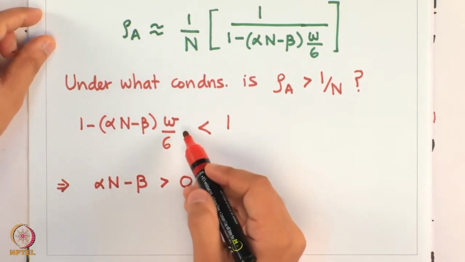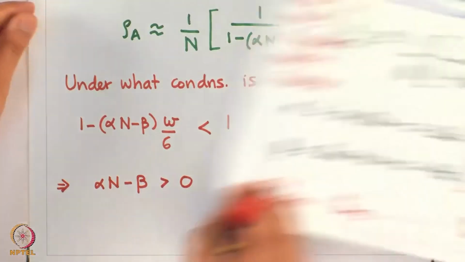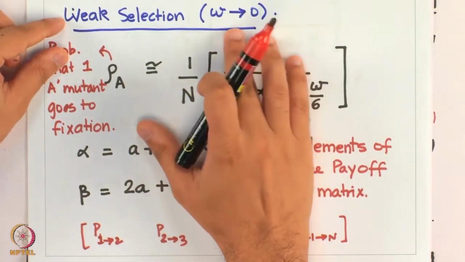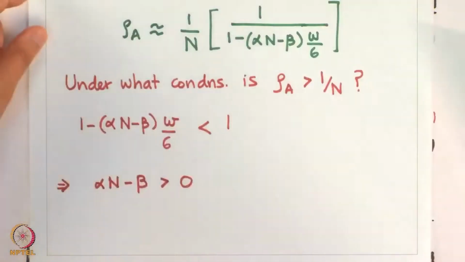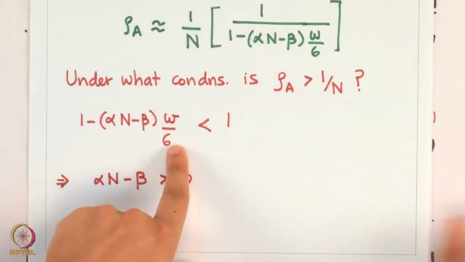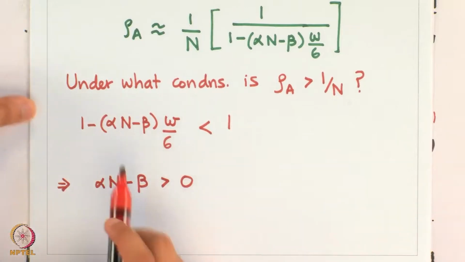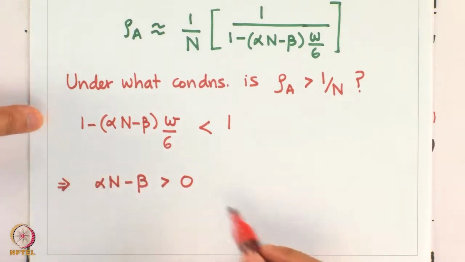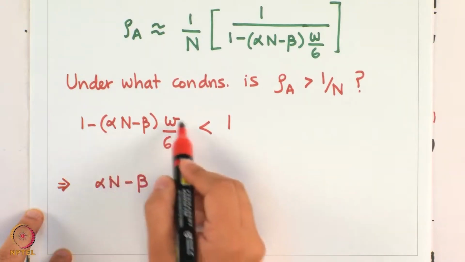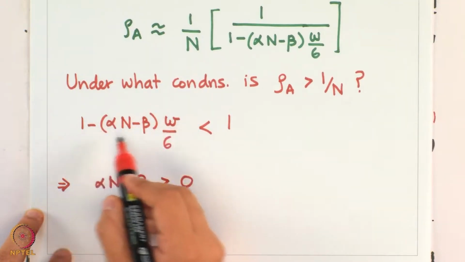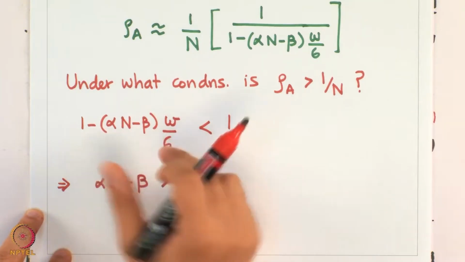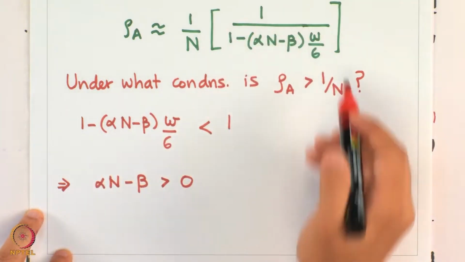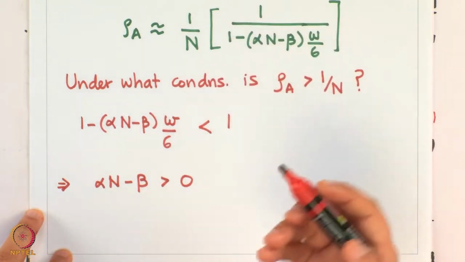Remember, all of this is valid only in the regime where selection is weak. Omega is a positive number but very close to 0. So omega by 6 is always positive, and if alpha n minus beta is greater than 0, then we have 1 minus a positive quantity, and hence the denominator will be less than 1, and hence the whole expression will be more than 1.